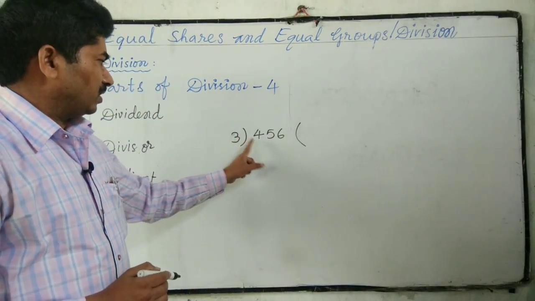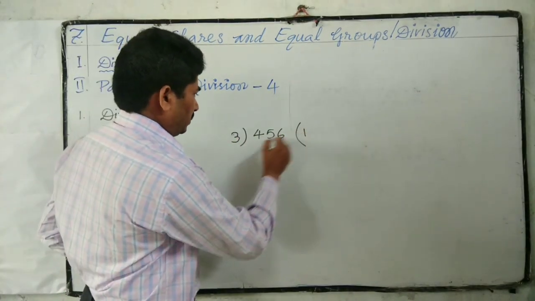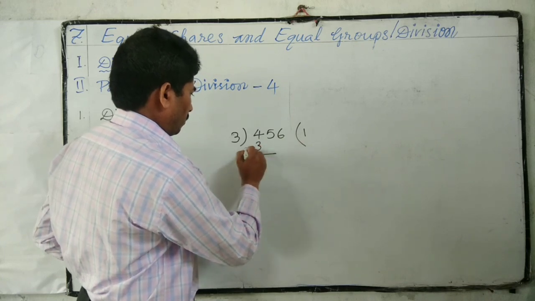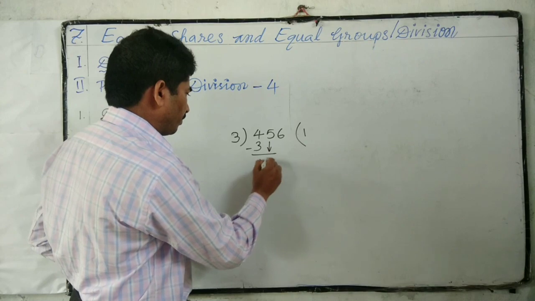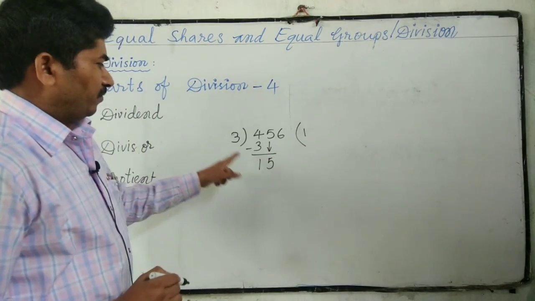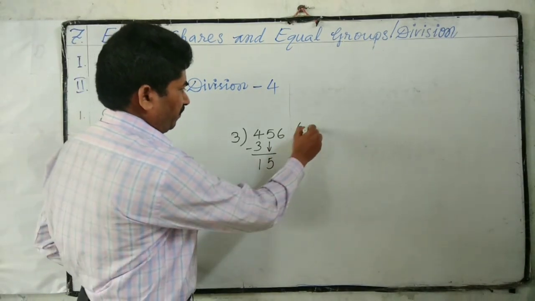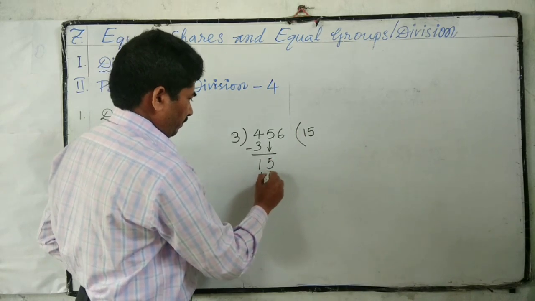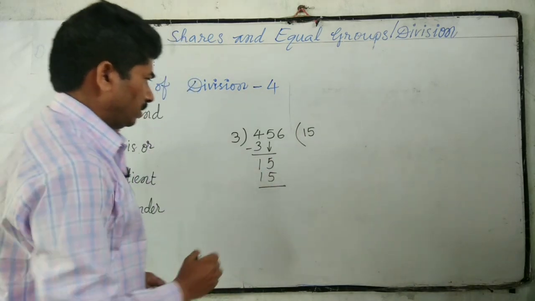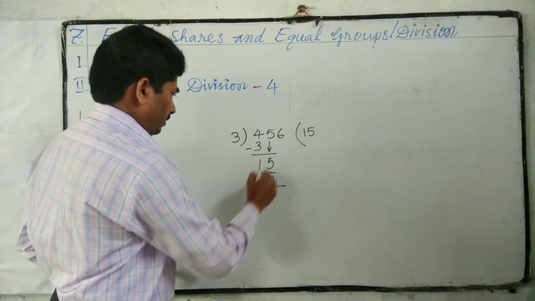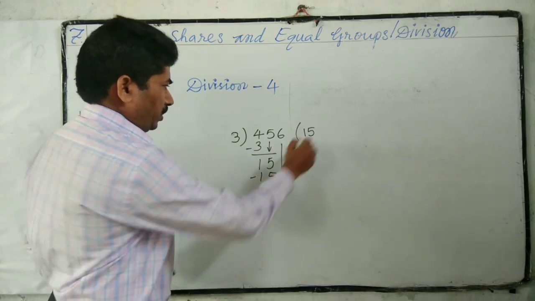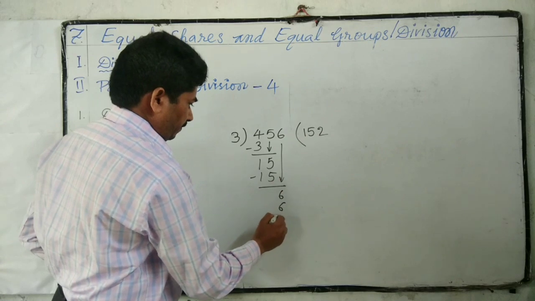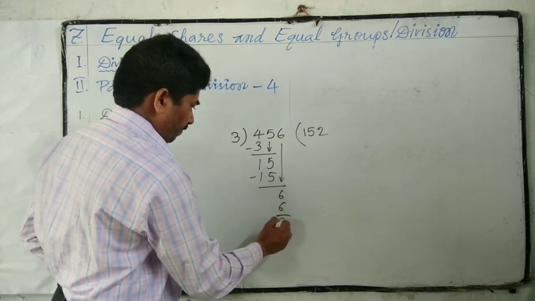Crossing this 4, that's why 3 ones are 3. 1. 3 fives are 15. 0. 3 twos are 6.